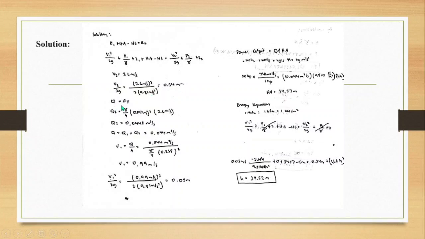So the discharge equals AV. Discharge equals π/4 times 0.147 meter squared, times 2.6 meter per second. The 0.147 is given as 147 millimeter, so we divide by 1000 to get 0.147 meter, so that it becomes meter and not millimeter. Calculating these, the discharge equals 0.0441 meter cube per second.